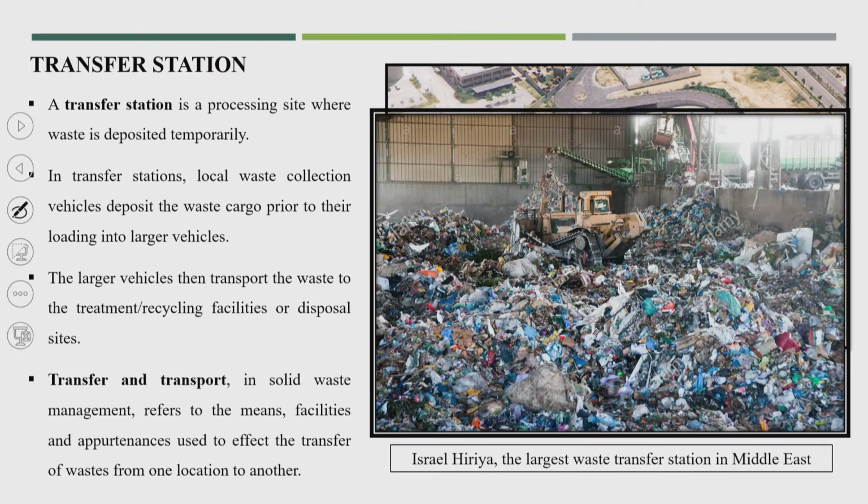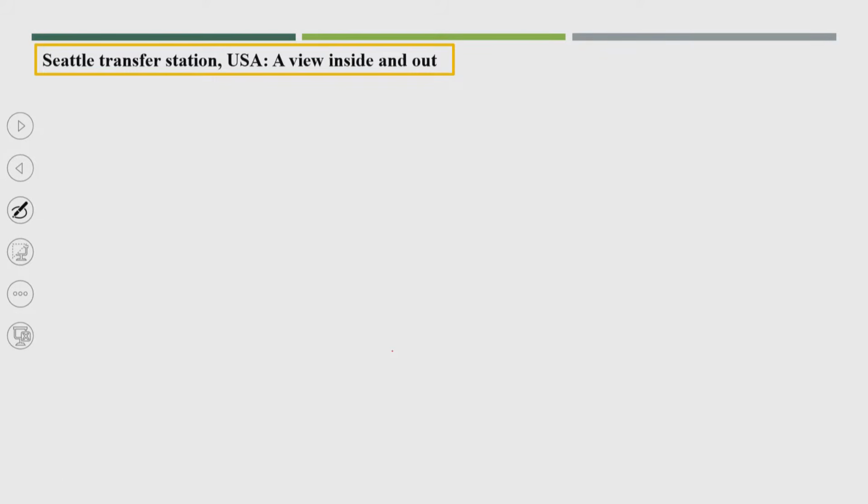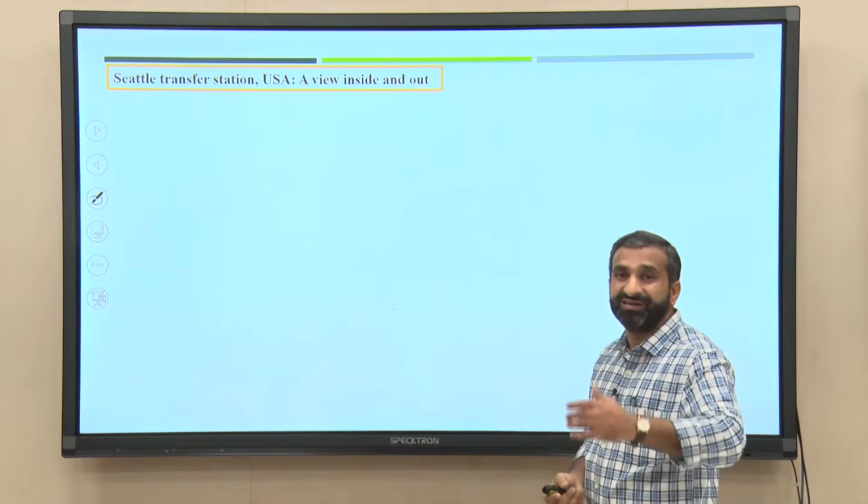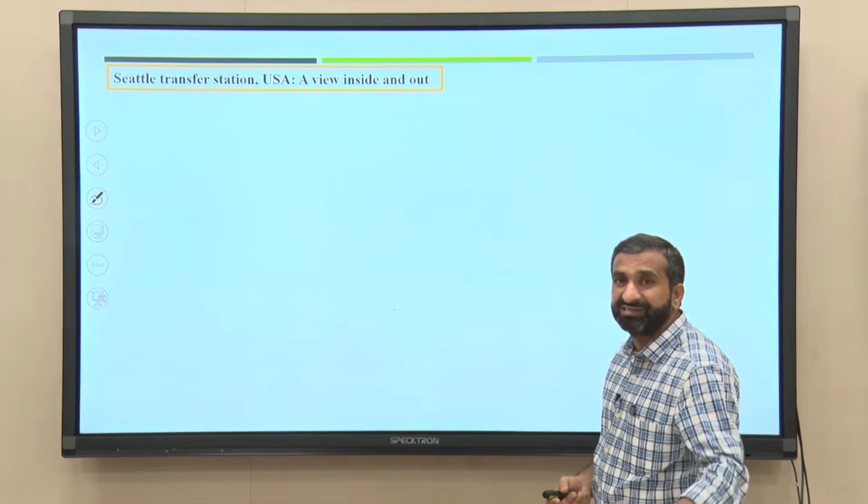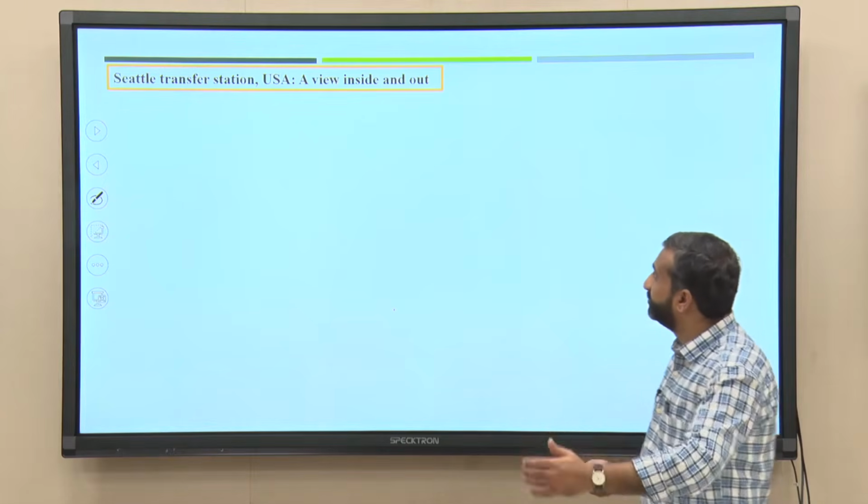This is one more you can find in Israel, a transfer station. And I found one photograph here to show you, because it is very close to the residential area, very close to the waste generation sites. So, how does it look?